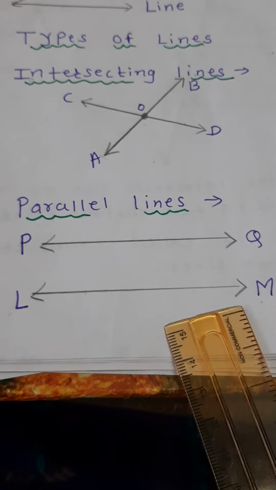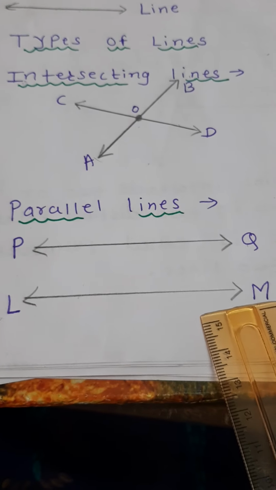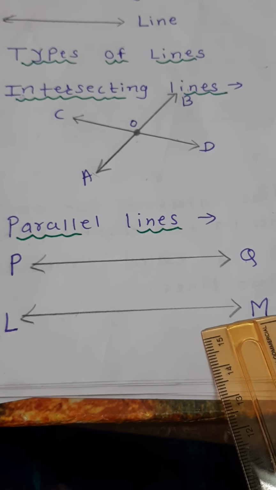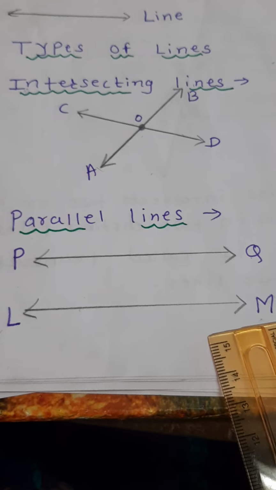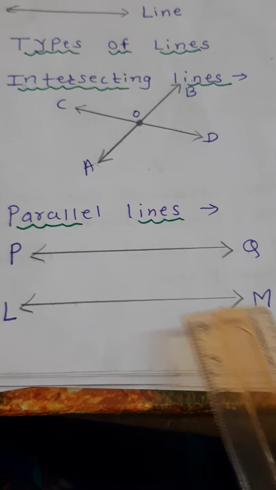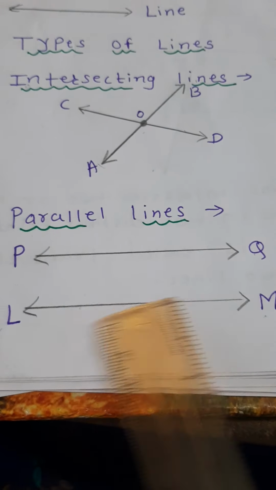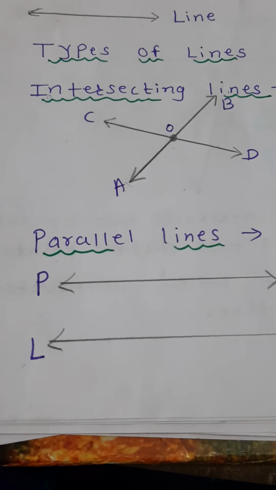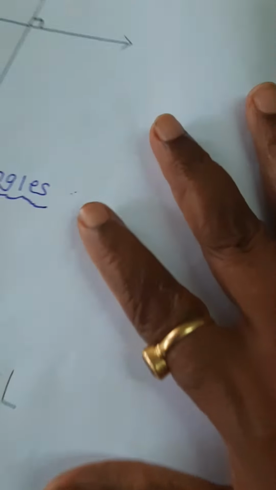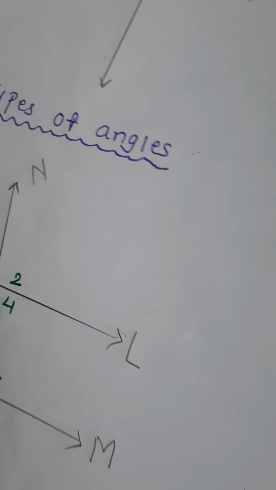Look at this figure, line PQ and line LM. Both are on the same plane and they do not intersect each other. So line PQ and line LM are parallel lines. Next type of lines is perpendicular lines. Look at this figure.